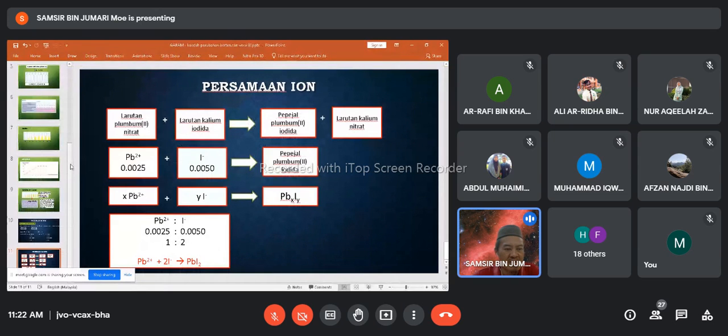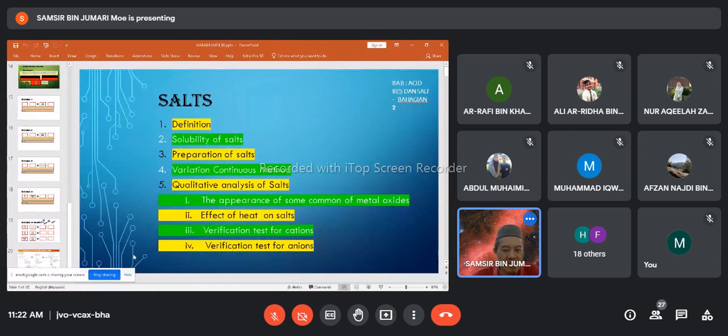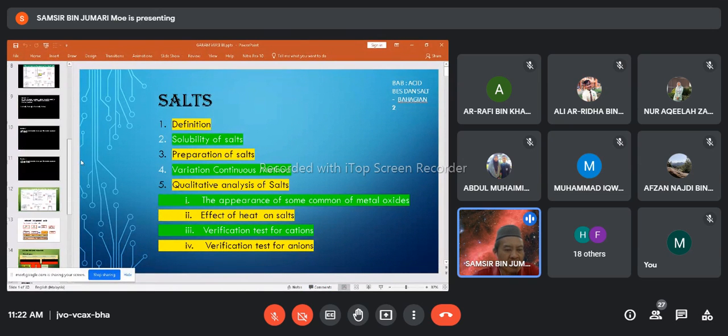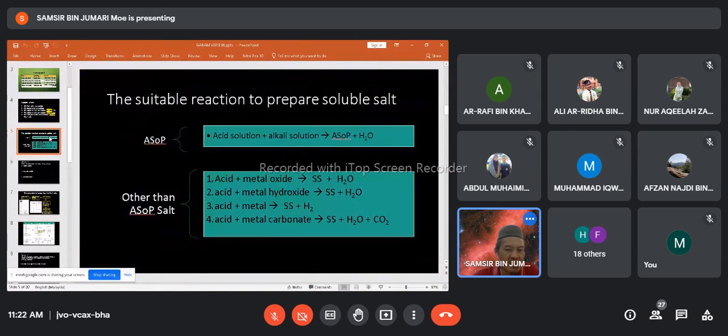Revise our, not this one, this one. Okay, this is the method. The suitable reaction to prepare the soluble salts.